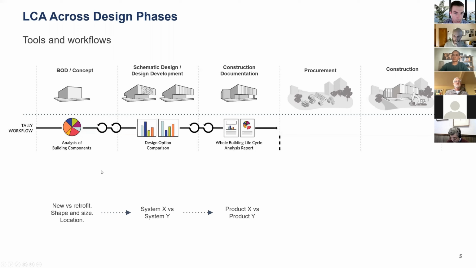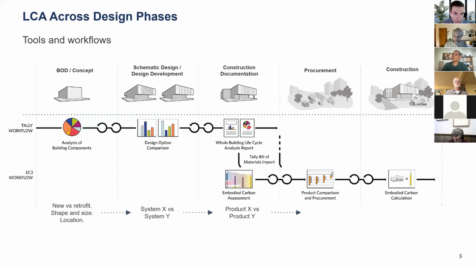This is also where we can switch from a design-focused whole building LCA tool into a tool that has a database of EPDs, such as the EC3 tool, which I'll show you in just a few minutes today. And then finally, if you have the design and you can hand it over to the contractor, again, you can track the rest of the embodied carbon process in procurement and construction.